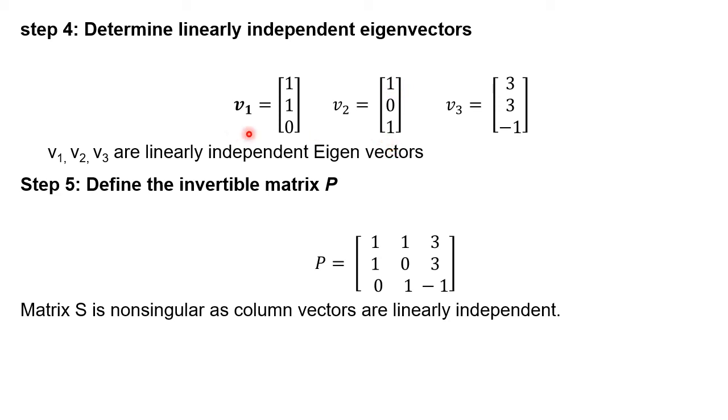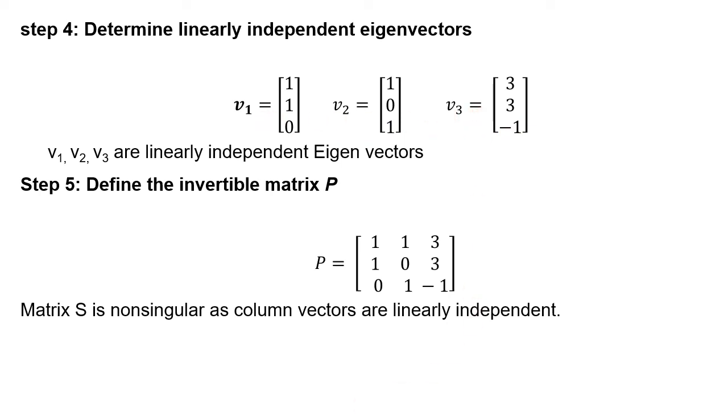So by multiplying v1 with any scalar quantity, I am not going to get v2. So they are linearly independent. Let me check between v1 and v3. Multiply v1 with 3, I am going to get 3, 3, 0, but I have minus 1 here. So we can say that v1 and v3 are linearly independent.